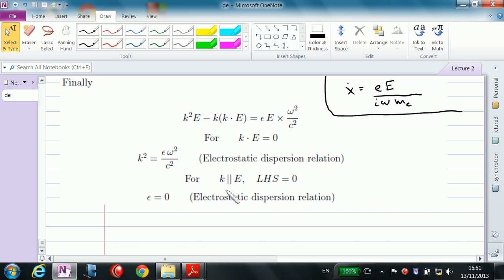But I can also pick a mode where k is parallel to E, and then the solution is epsilon equals 0. Because k dot E is kE, and therefore the left-hand side happens to be 0, and therefore epsilon must equal 0. So this is the solution.